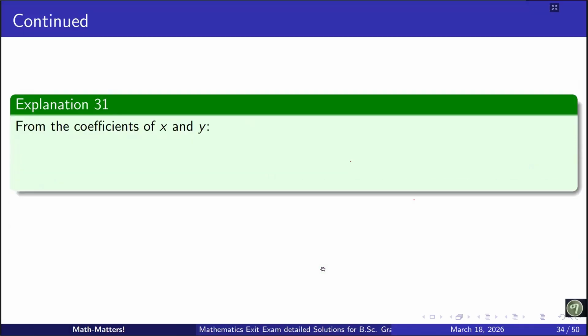From the coefficients of x and y, we have 3u plus 9w less than or equal to 2, where the x coefficients are 3 and 9, and 5u plus 5w less than or equal to 9, where the y coefficients are 5 and 5. It's not v, rather it is w.